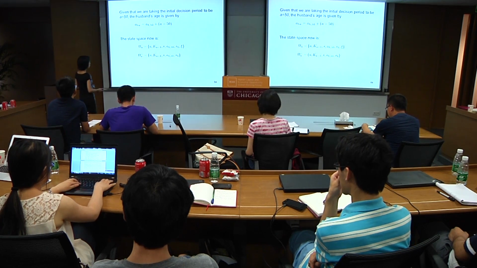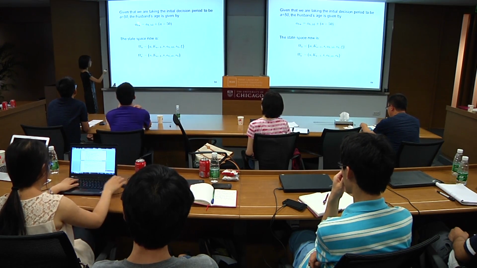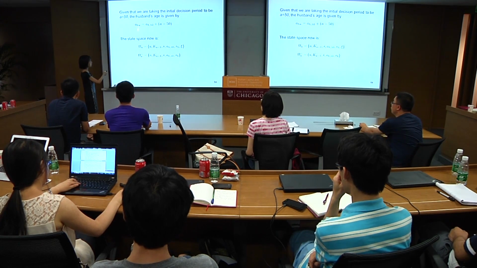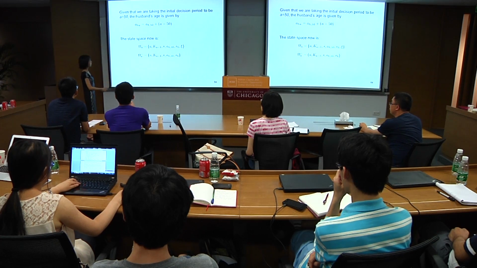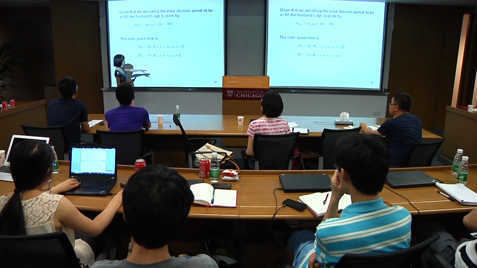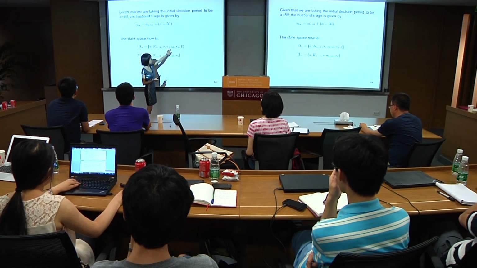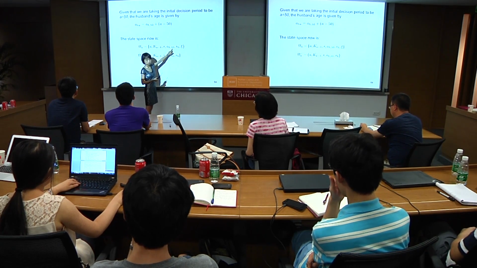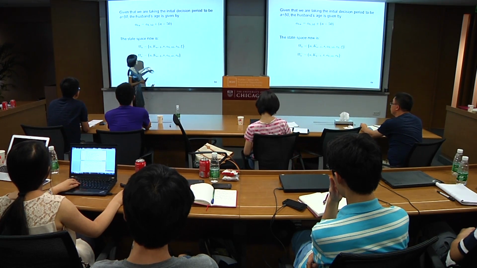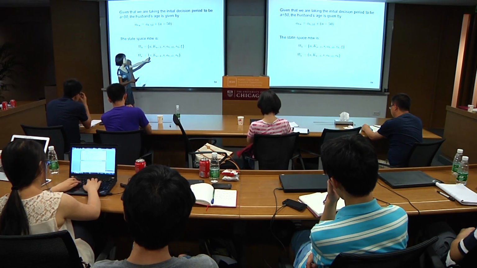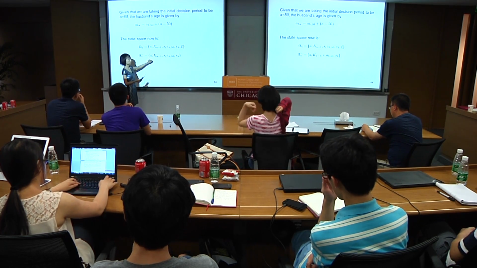That means you don't have to keep track of the husband's age period by period. All you need to keep track of is what's the age of the husband when the woman is 50. That's all. And also, of course, the woman's age, period by period.